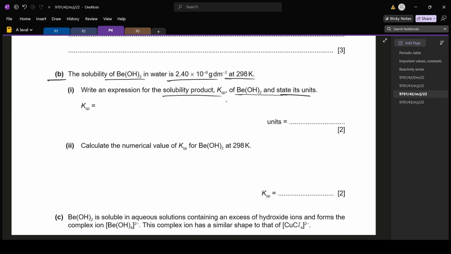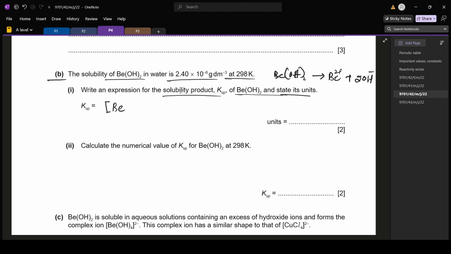Firstly, you will write what will be formed when barium hydroxide dissolves. It will form barium ions plus OH ions.